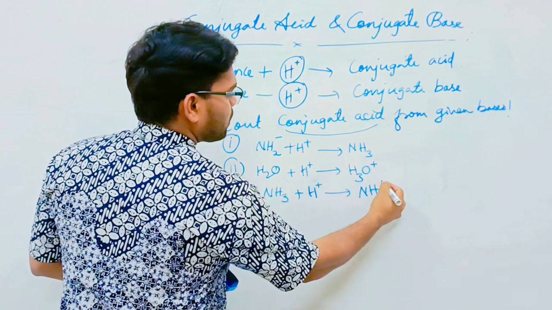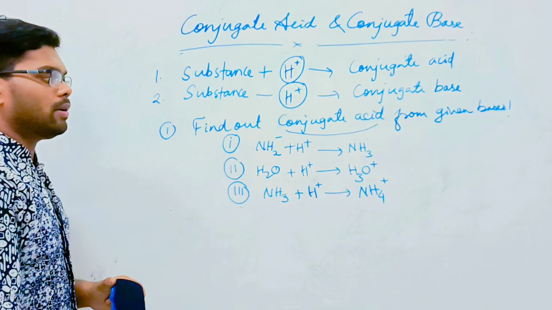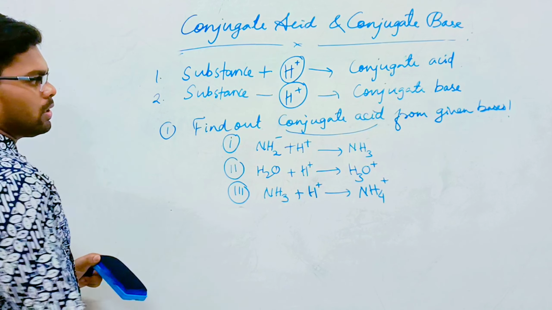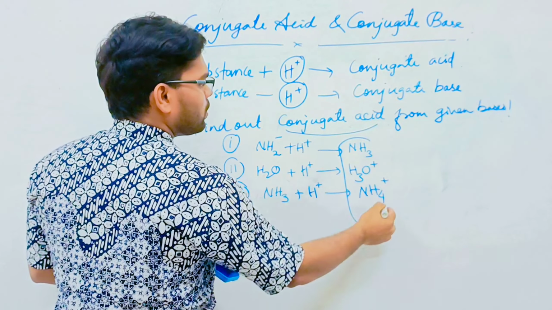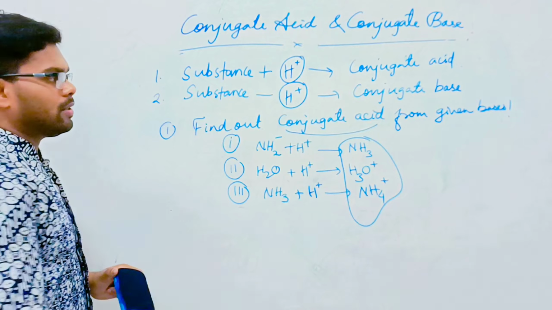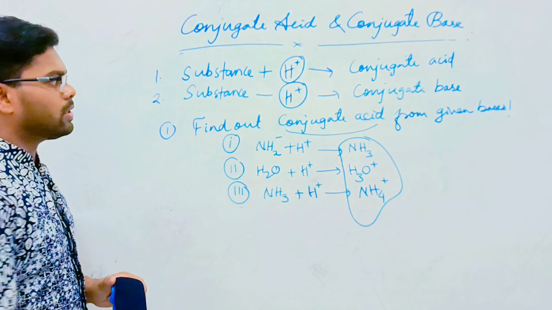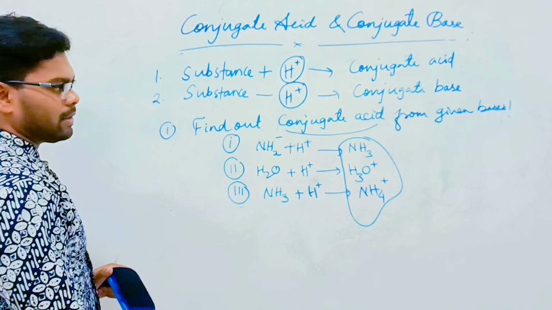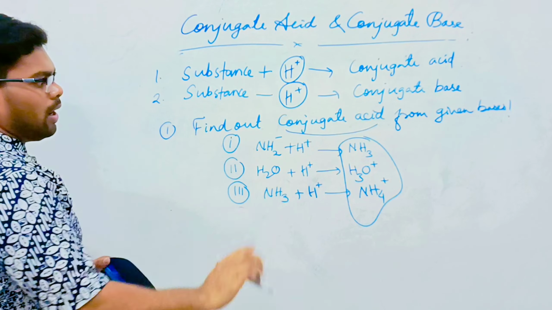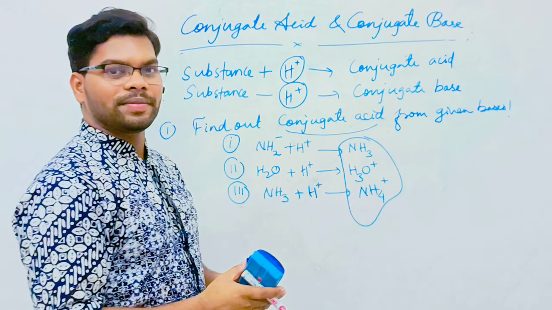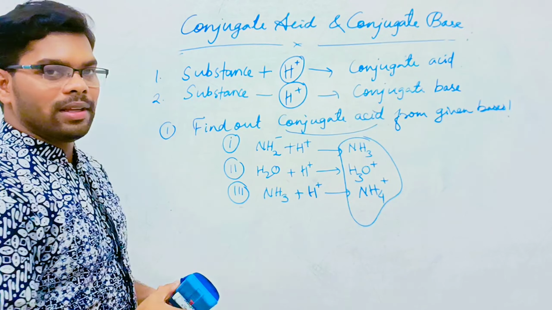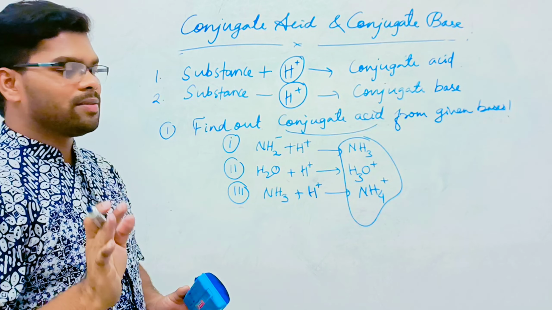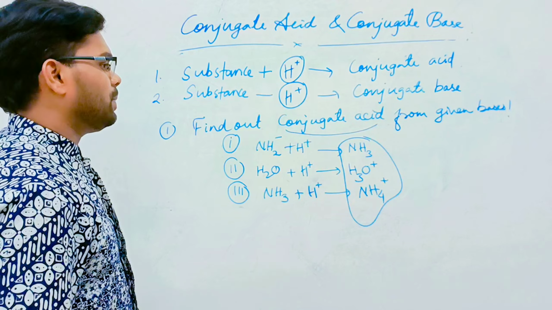This positive symbol, so write NH4 plus. So these are the conjugate acids from the given question. Simple. Substance, just add hydrogen, get the conjugate acid. So these are the three answers. Very simple. Yes or no? It is very, very simple.